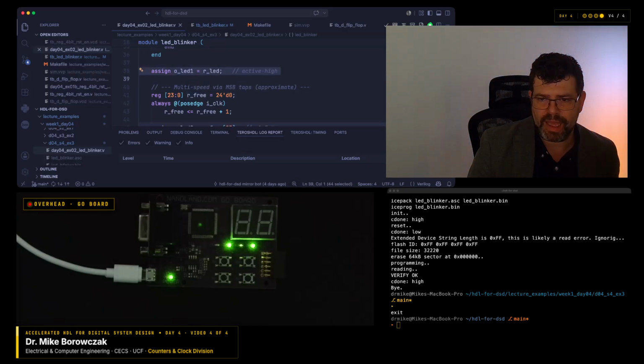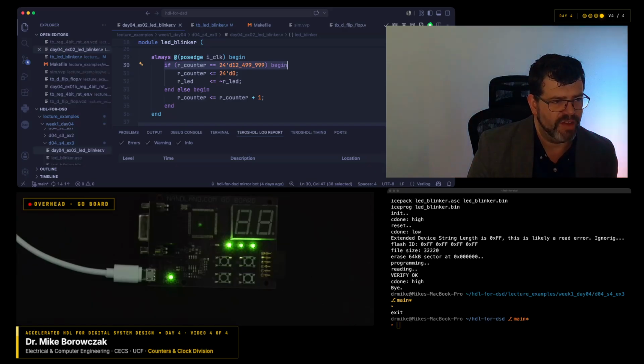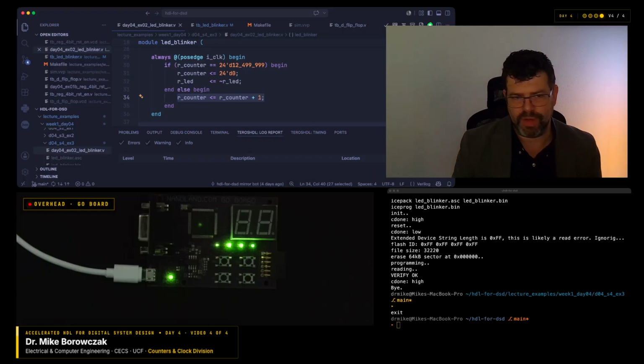What we see here is exactly what we built. The reset isn't in here just for simplicity, but we're essentially counting to just under 12.5 million, and we are blinking, right? We're swapping that value of the LED and doing the increment otherwise. So that's just that code straight through.